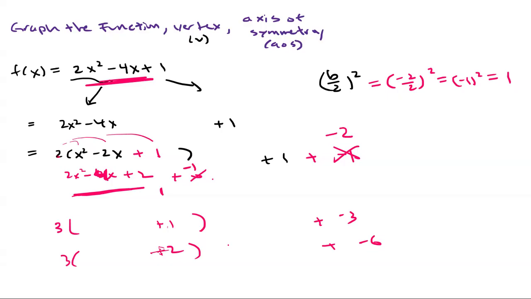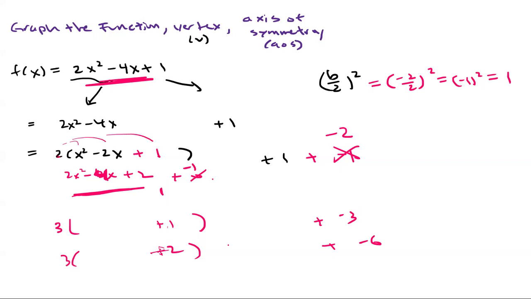Let me reiterate that real quick from this example. If we had a 3 in the front, if we had factored out a 3, and we were adding a 1 in the middle inside the parentheses, then we have to factor in the 3, so it'll be 3 times 1, and then add the opposite of that here to balance it out, giving us negative 3 here.